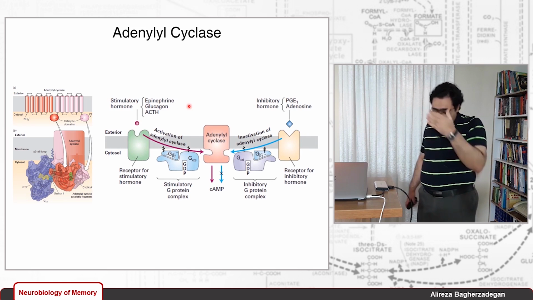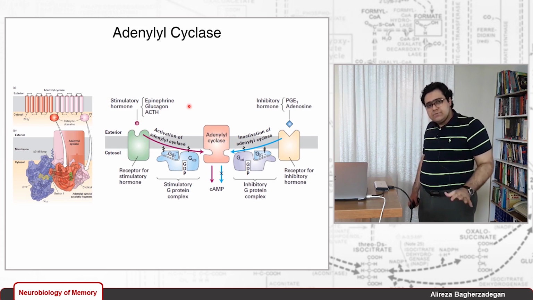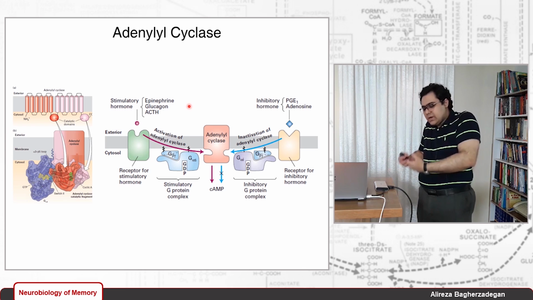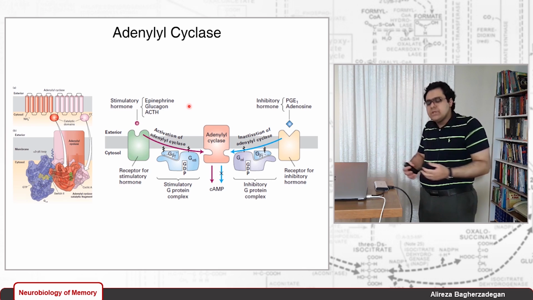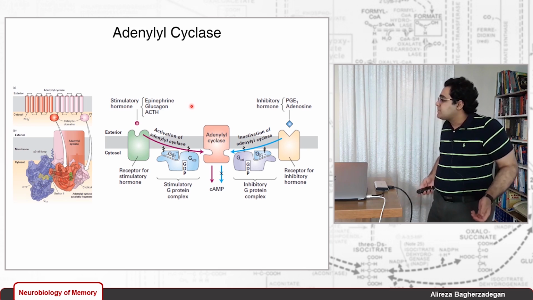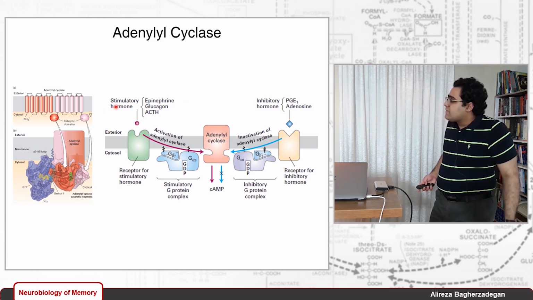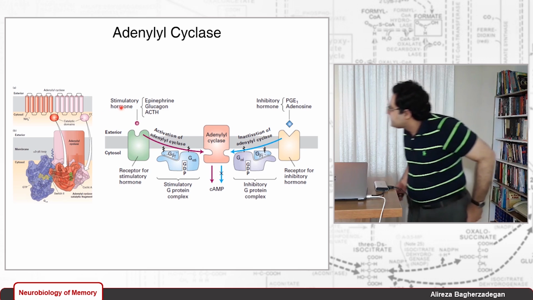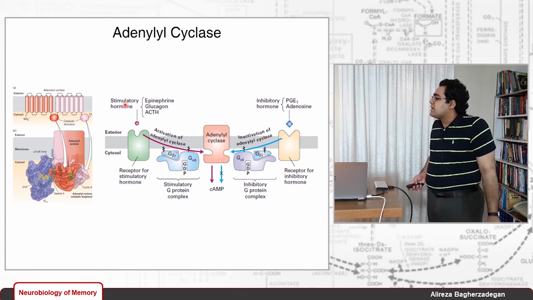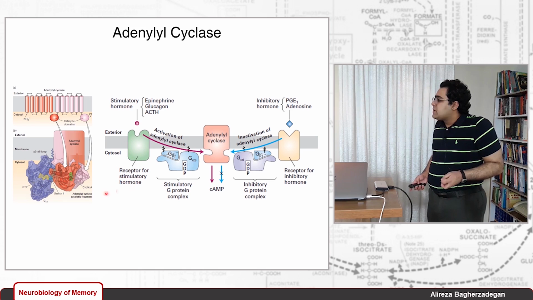But I told you that we have 2 types of G proteins. We have a stimulating one, which is the activating one, activates an effector protein, and we have an inhibitory one, which inhibits an effector protein. So now let's see how they work. When we have a stimulatory hormone like epinephrine, it is received by a G protein coupled receptor.